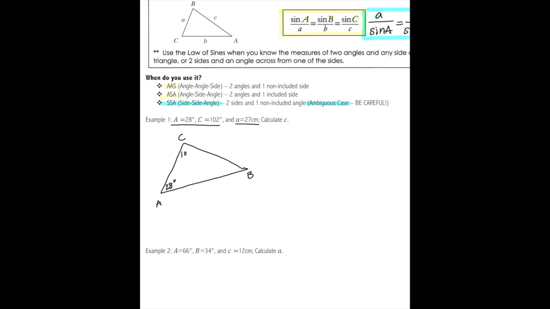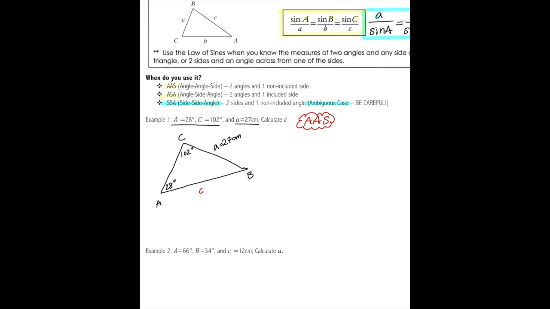Angle C is 102 degrees, and the side opposite capital A will be the lowercase a, which is 27 centimeters. Now, this looks like an angle angle side case, and I'm allowed to use the law of sines to solve for the missing side c.